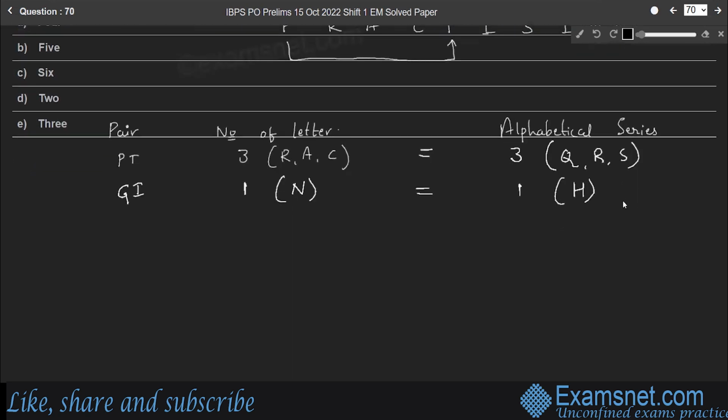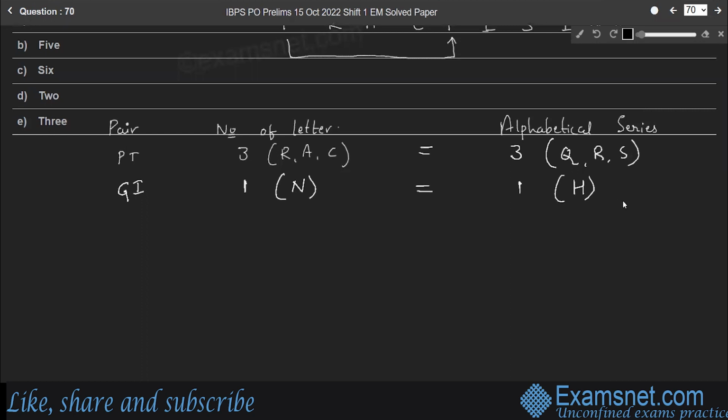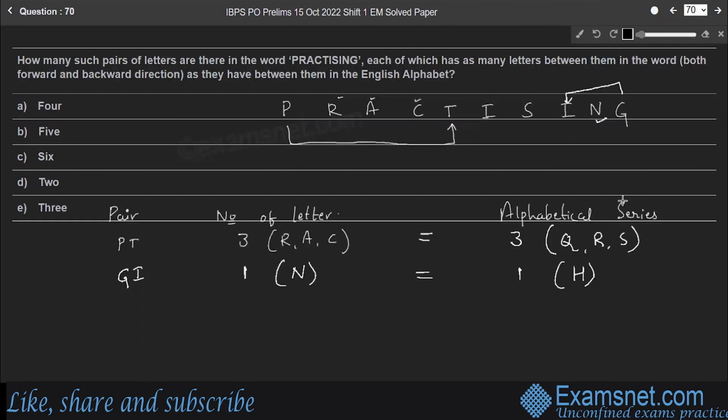And the next pair is, can we consider P and I? P and this second I. So letters between P and I: 1, 2, 3, 4, 5, and 6 letters.